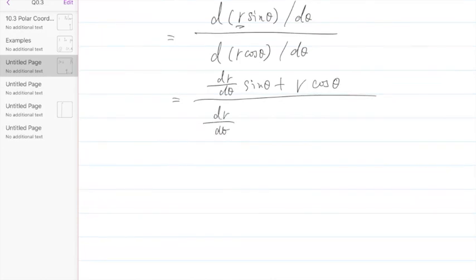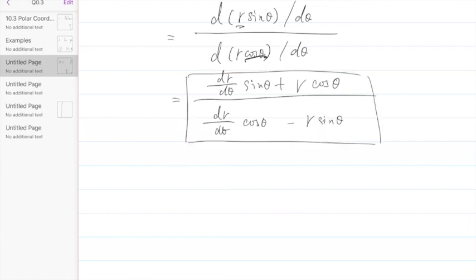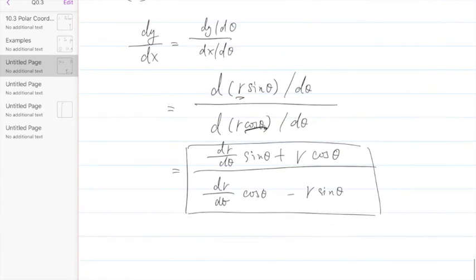And the second one, you have r times the derivative of sine theta with respect to theta, which is cosine theta. Similarly, dr over d theta times cosine theta, plus r times the derivative of cosine theta, which is negative sine theta.